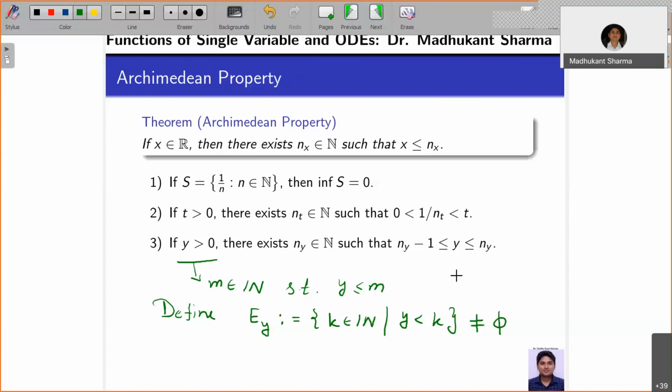So you take k equals m plus 1. Then y is strictly less than m plus 1, because m is strictly less than m plus 1. So m plus 1 belongs to E_y, so E_y is certainly non-empty.